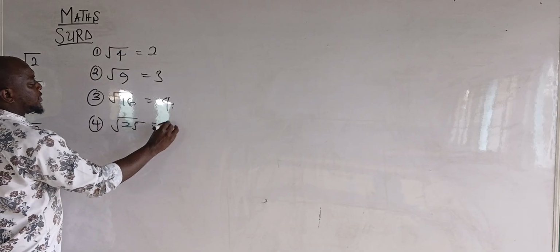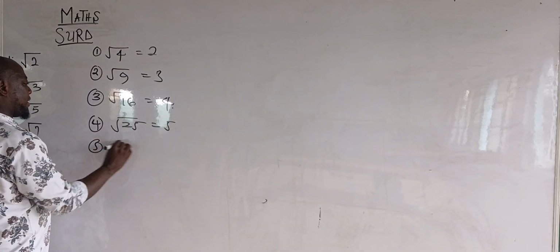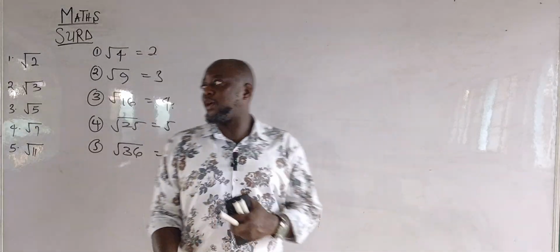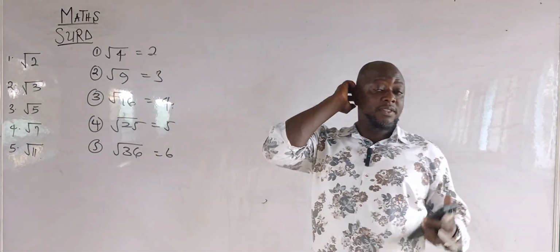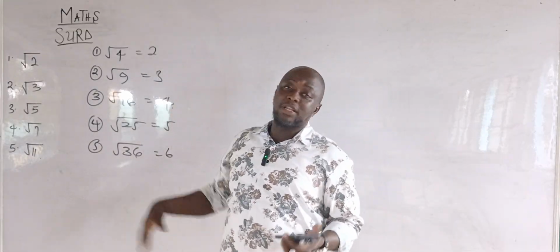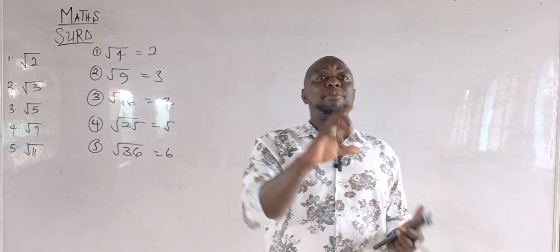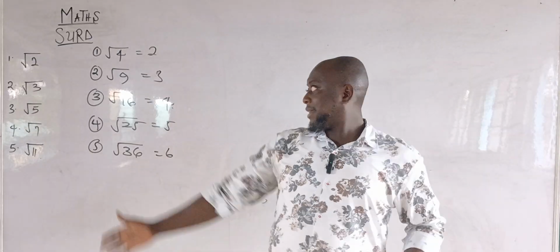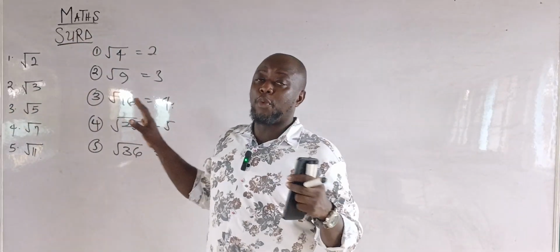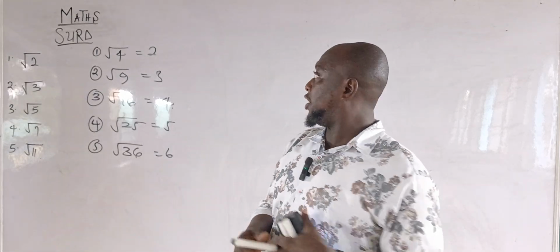This is not a surd. So these are not surds because they have whole numbers as their answer. They are not irrational numbers. So irrational numbers, you can put in bracket, odd numbers, which are these, and they are also called surds. So this is what we know about the definition of surds.